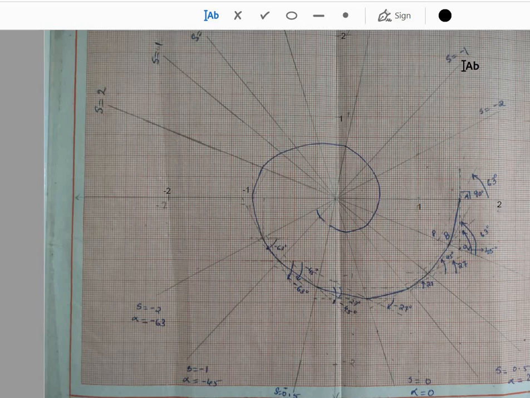Similarly, draw the isoplane at s is equal to minus 1. For s is equal to minus 1, I am taking the value of x1 as 1. When I take x1 is equal to 1 and slope s is equal to minus 1, I got x2 is equal to minus 1.4, that is approximately here. And when I am taking x1 is equal to 2, I am getting x2 is equal to 2.9, that will be approximately here.